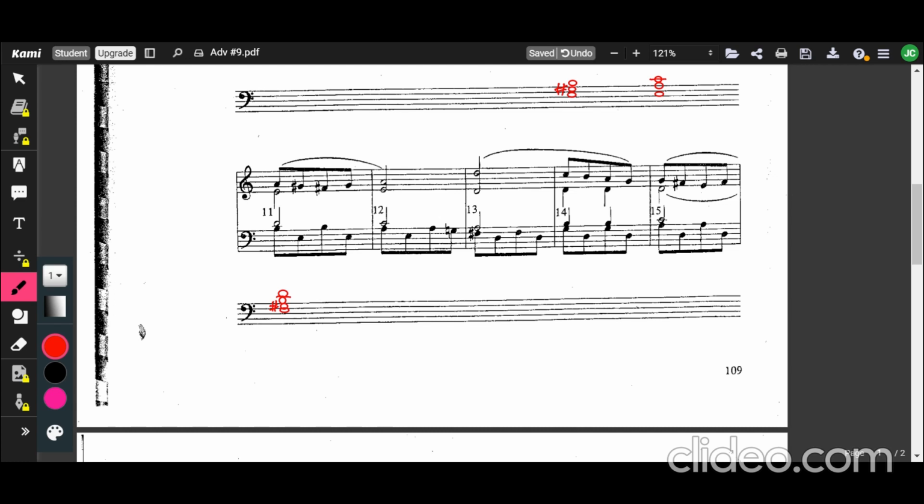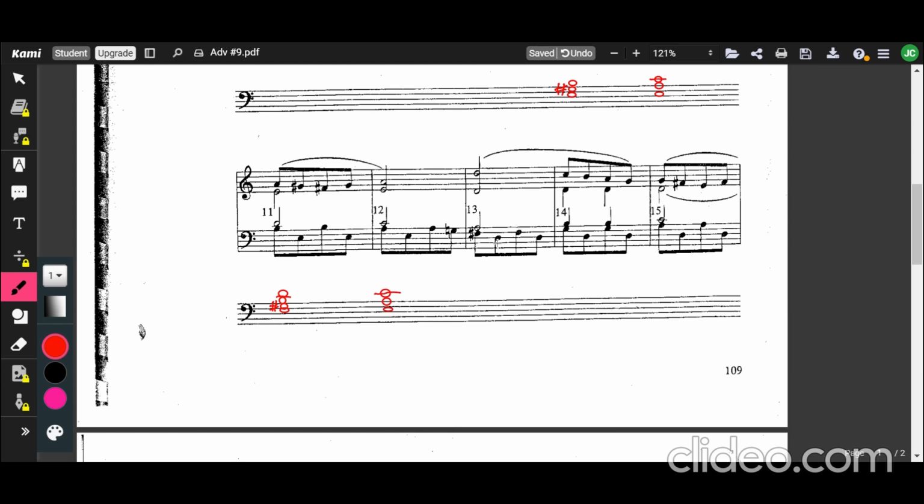For measure 12, we have an E in the bass, followed by an A and a C, and all the same stuff is in the treble clef. We also have a G that doesn't make sense in the chord, so that will not be included.